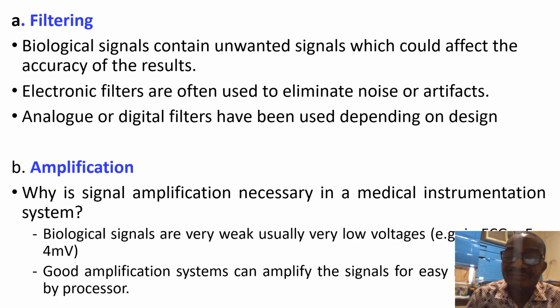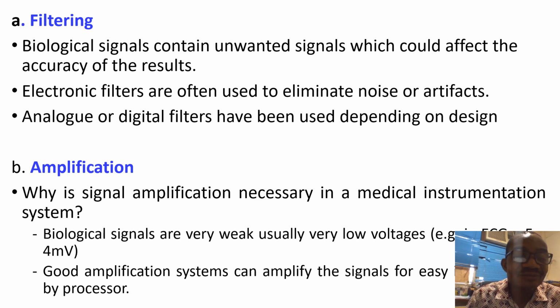Electronic filters could be analog filters or digital filters, depending on the specific design. They could be low-pass filters, high-pass filters. It just depends on the specific design of the system. So electronic filters are often used to eliminate noise and unwanted signal.